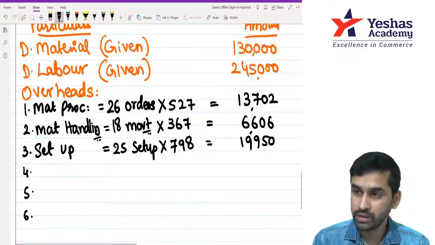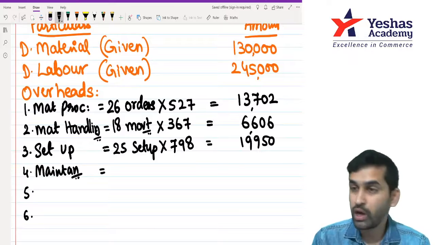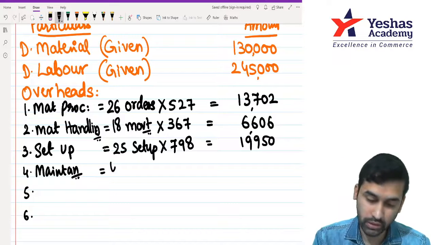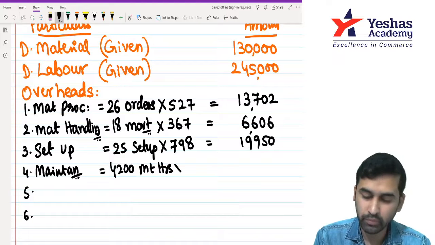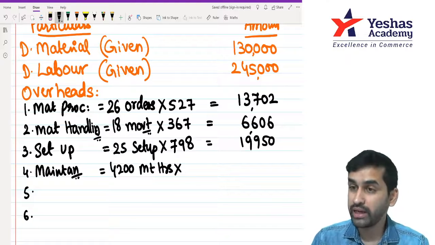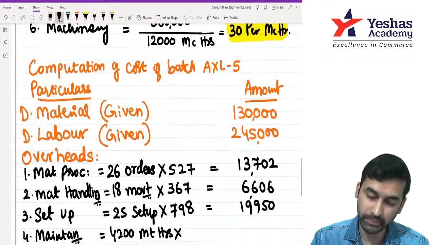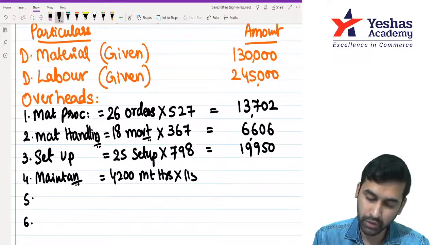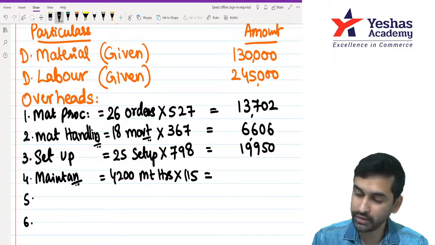Next one, maintenance hours, that is related to maintenance cost. How many maintenance hours? 4200 maintenance hours. And what was the rate that we had calculated in working note? 115. 4200 into 115.